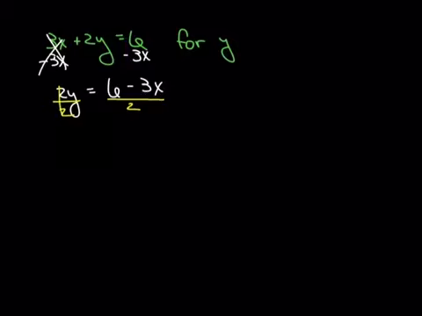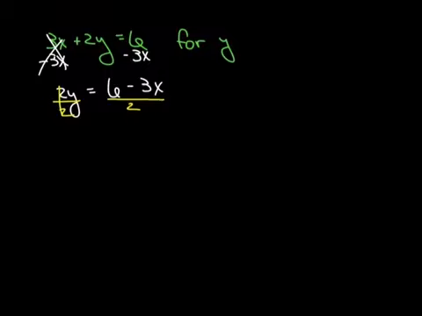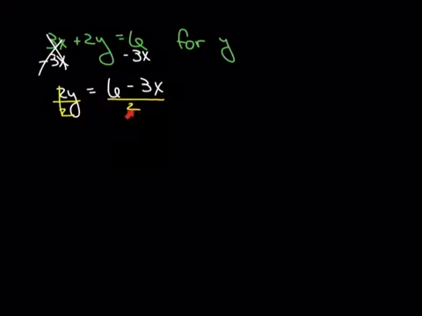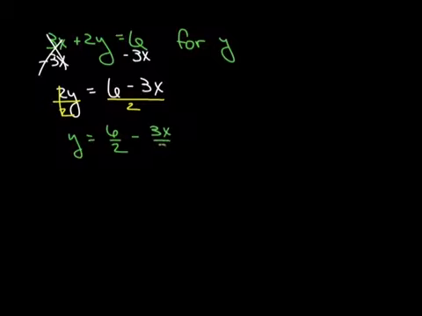Okay? And this is where it gets not really too tricky, but one of the things that's true is that if you have the entire other side over one number, you can split these up. I can actually write this as 6 over 2 minus 3x over 2.